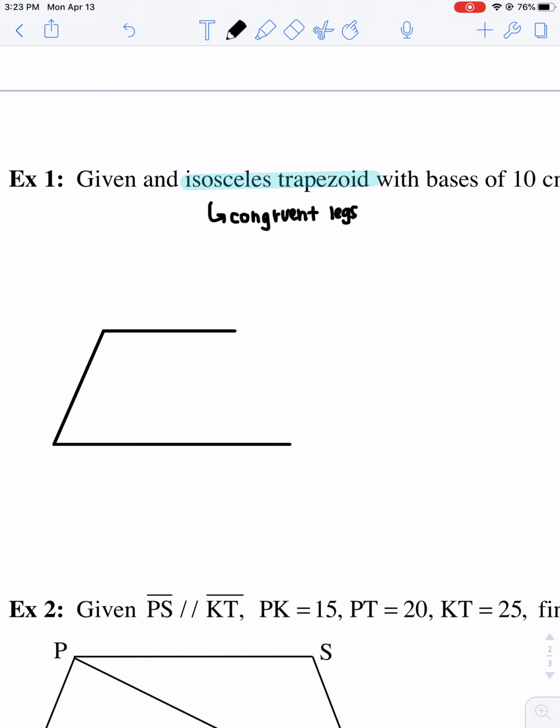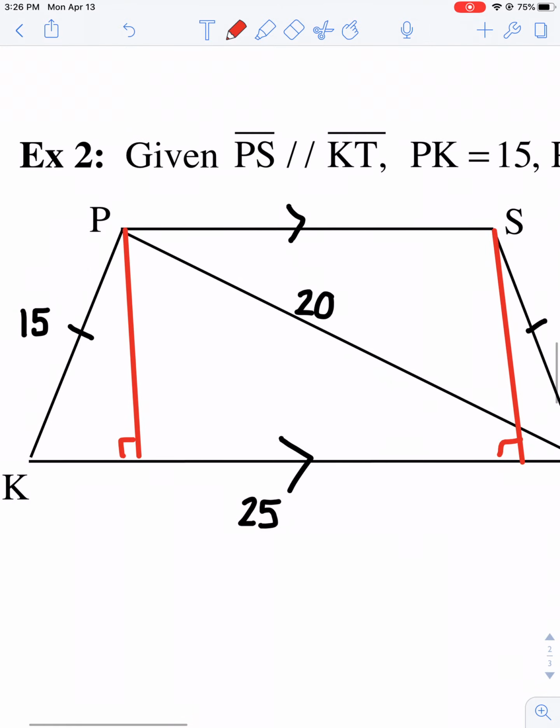Now we can't figure out what these two areas are going to be because we don't know what PS is yet. So now looking, we could use right triangles to solve this. I am going to look at triangle PKT because I'm given all 3 sides. While I'm looking at it, I might notice that PKT is a right triangle because it's made up of 3, 4, 5s.